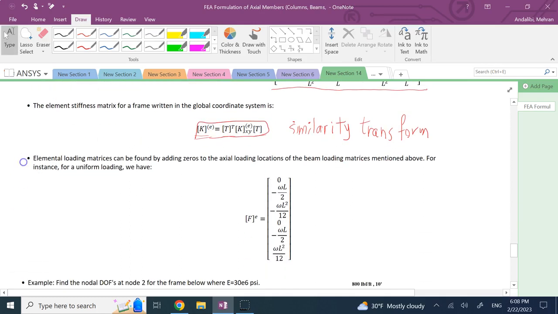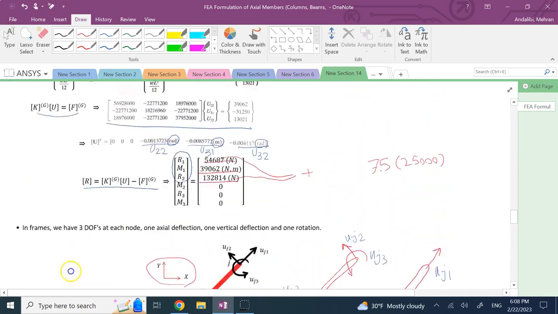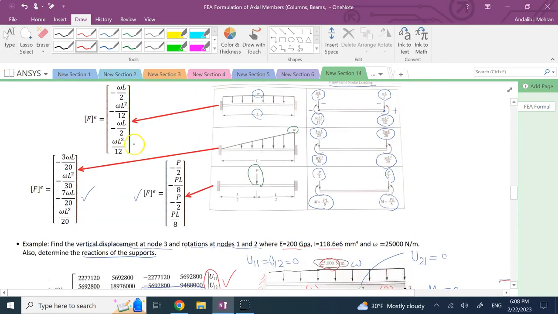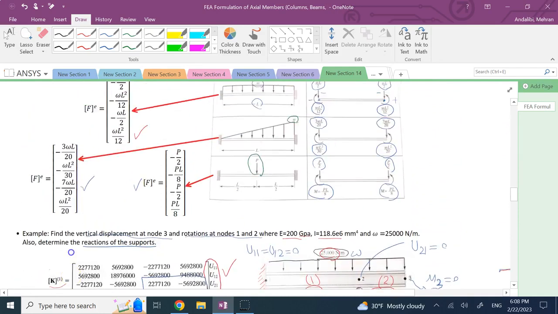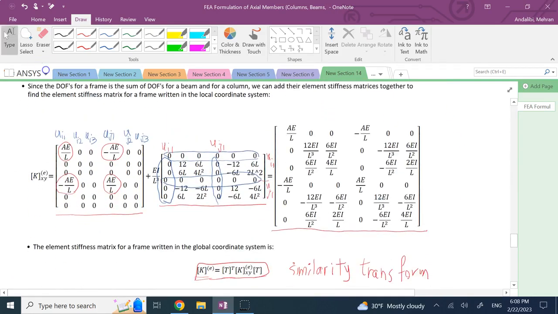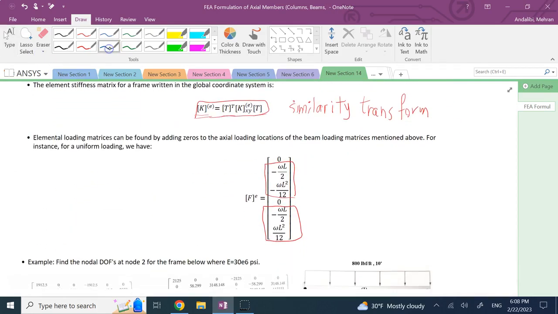What about the loads? Well, the load is simply, again, the summation of the loads of the beam and the column. So these two portions are coming from the beams, and these two are from the beams under constant omega. It's this top guy here. And what about these zeros? Where are these zeros coming from? Well, here we assume that there is no axial force on the frame.